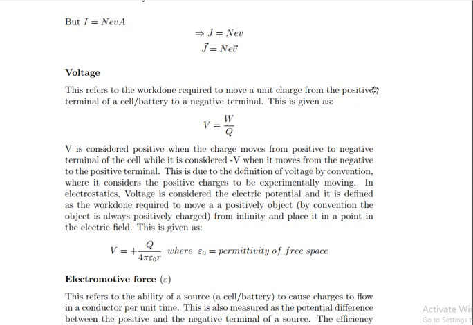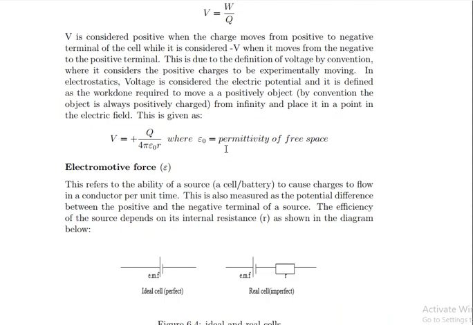So V is equal to W over Q. This is why current is always moving in the direction from positive to negative, because by convention, when you want to take the motion of particles in a system, we always consider mostly the positive charges and not negative charges. This is by convention.